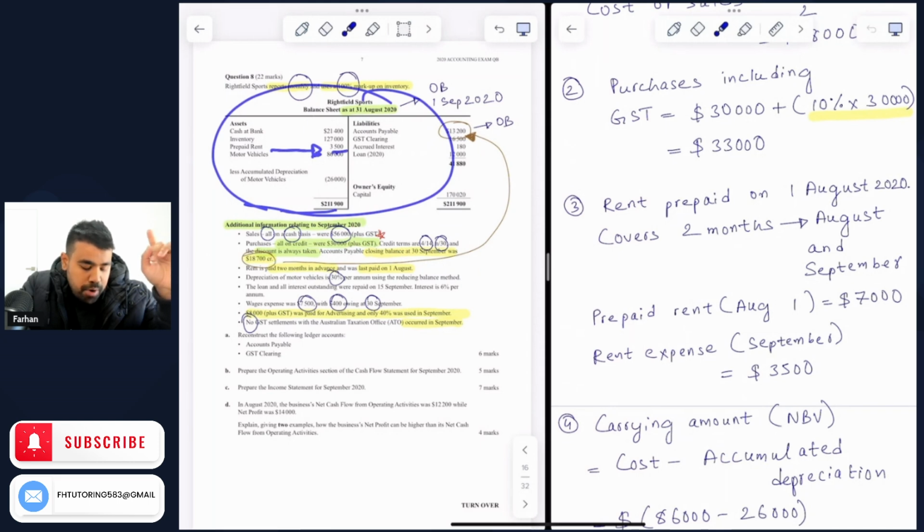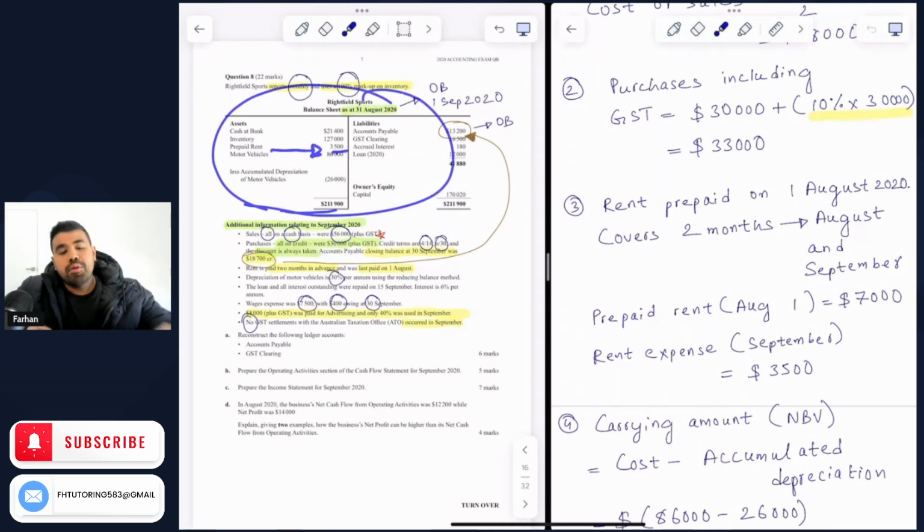So the prepaid rent that remained in the balance sheet as of 31 August 2020 was $3,500, which refers to the economic benefit that the business was yet to consume at 31 August 2020. Right. So the prepaid rent of $3,500 is a current asset, referring to an economic benefit that the business still didn't consume at 31 August 2020.